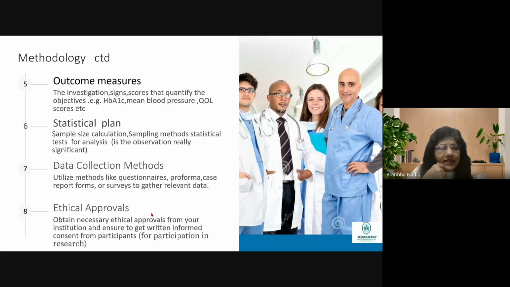Then about the statistical plan. A statistician must be consulted right in the beginning, because we need him for sample size calculation. I'm not getting into details of the formula for sample size, but we understand that sample size means how many patients we are including. Based on our objectives, the statistician will tell, because whatever study we are doing will be extrapolated to the large population.